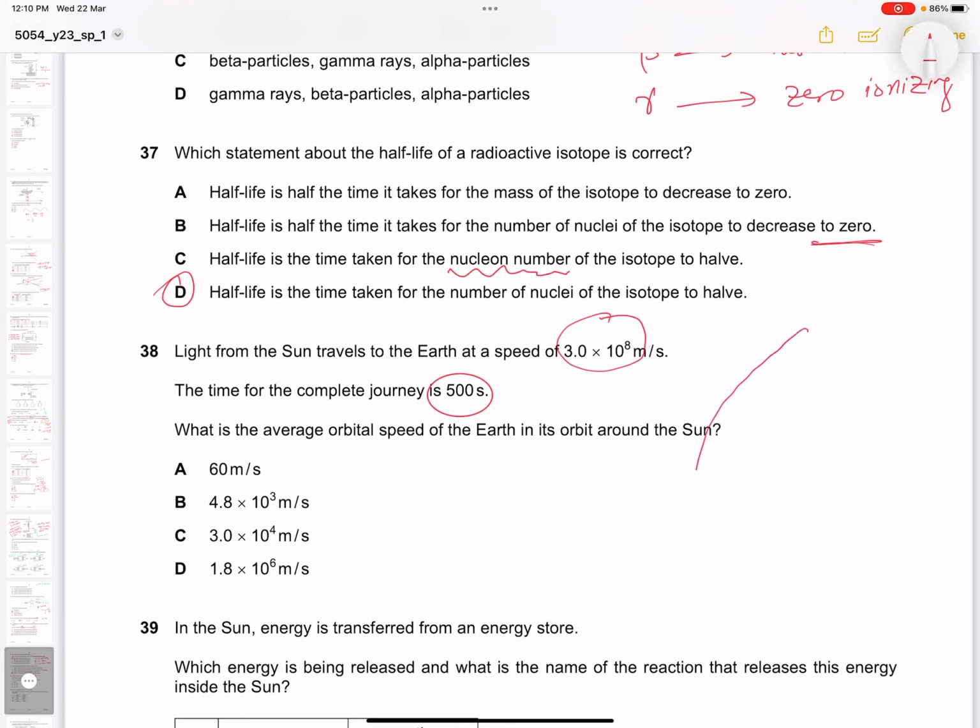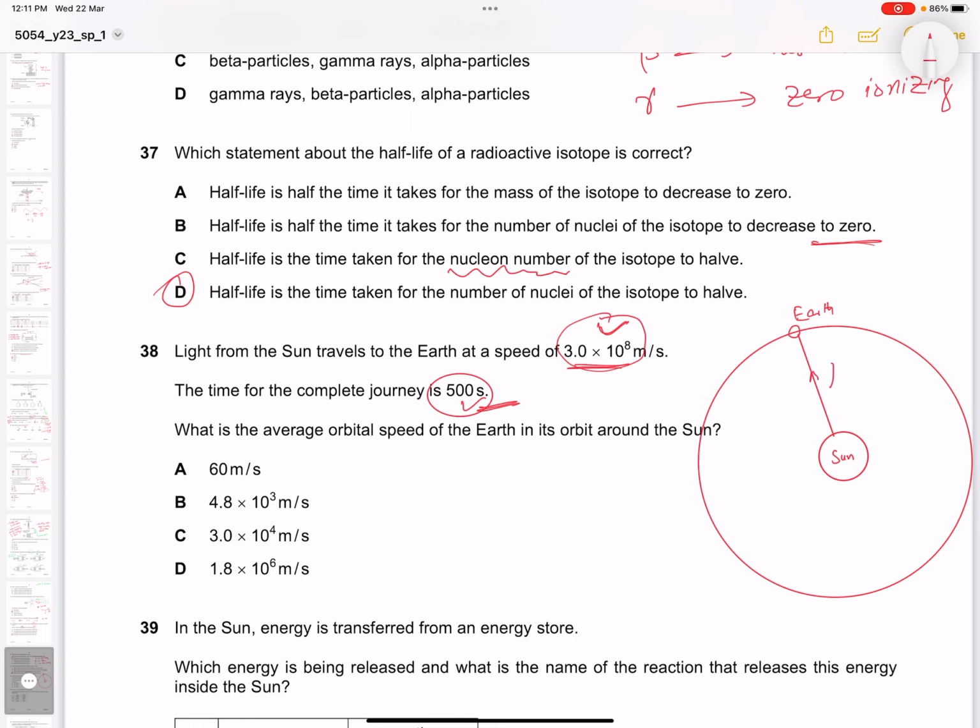Look, let's suppose this is the orbit of Earth and here we have the sun in between. Here is Earth. The distance that light takes to travel from sun to Earth will actually be the radius of this circle. That distance will be found by multiplying this speed with this time, because this is the speed of light and this is the time that light takes. Light beam travels like this.